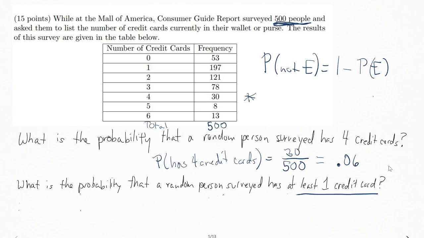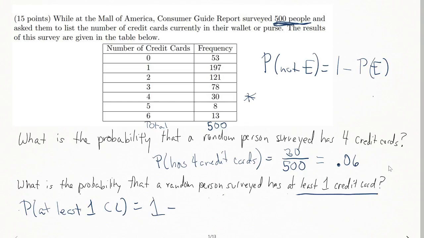And so another way for us to think of this, the probability of at least 1 credit card, the opposite event would be 1 minus the probability of 0 credit cards, right? And the 0 credit cards is up on that top row right there. So you have 53 people.